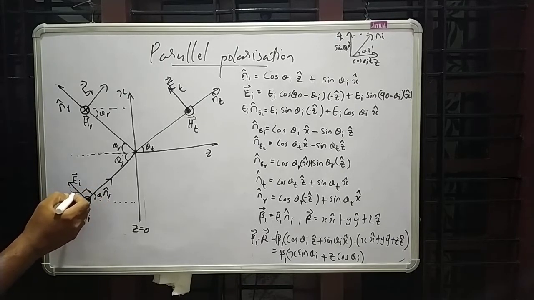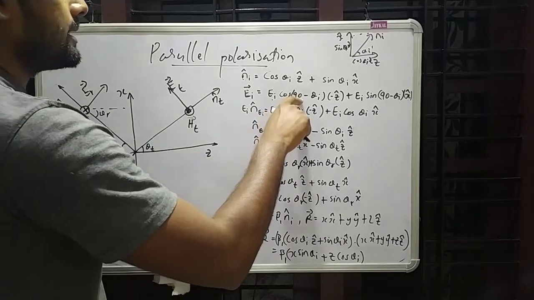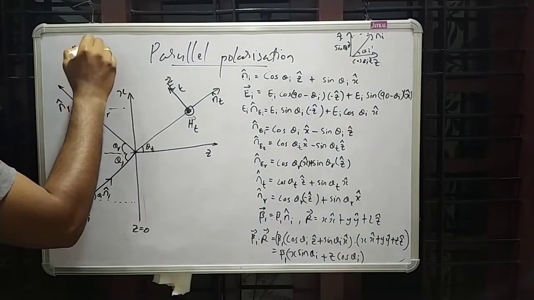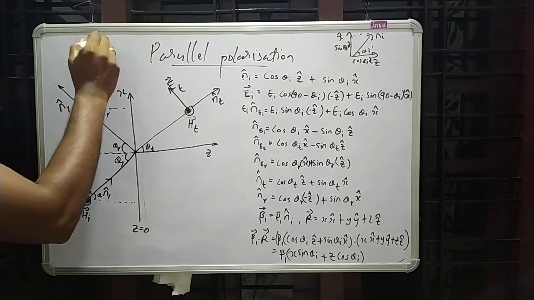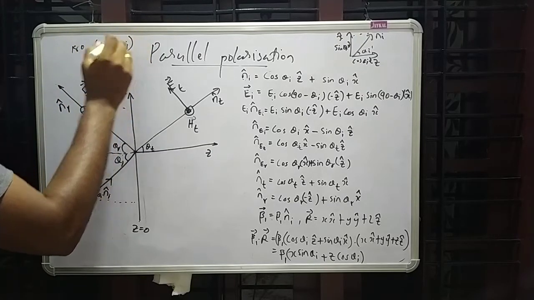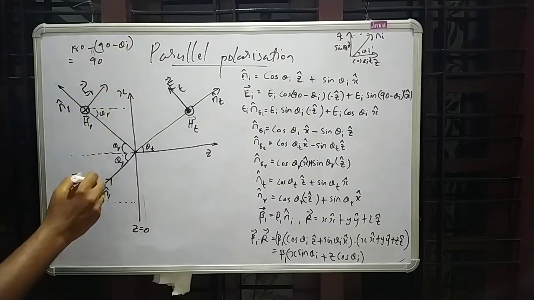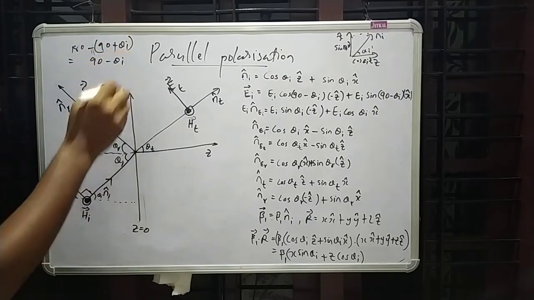So the total angle is 180 degrees, and we get this angle as 180 minus 90 minus theta i, that is 90 minus theta i.